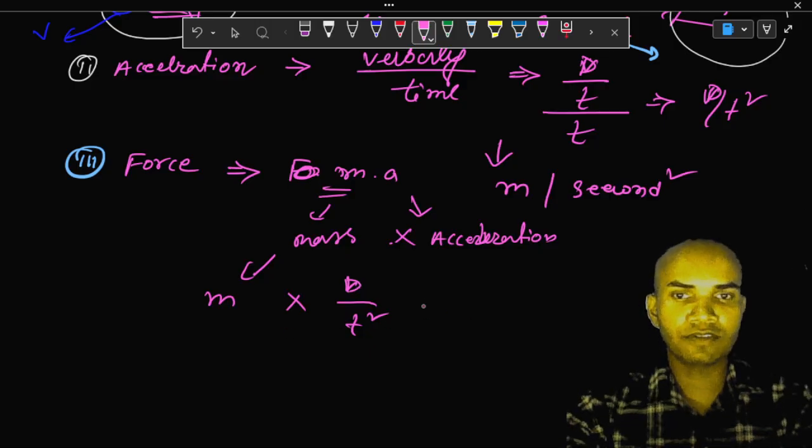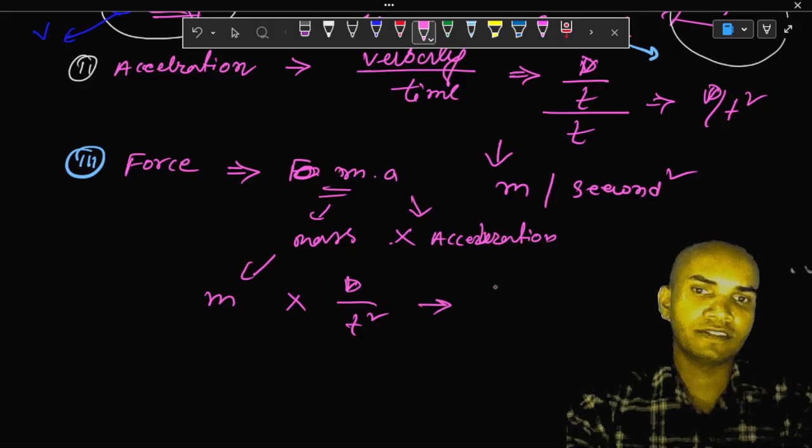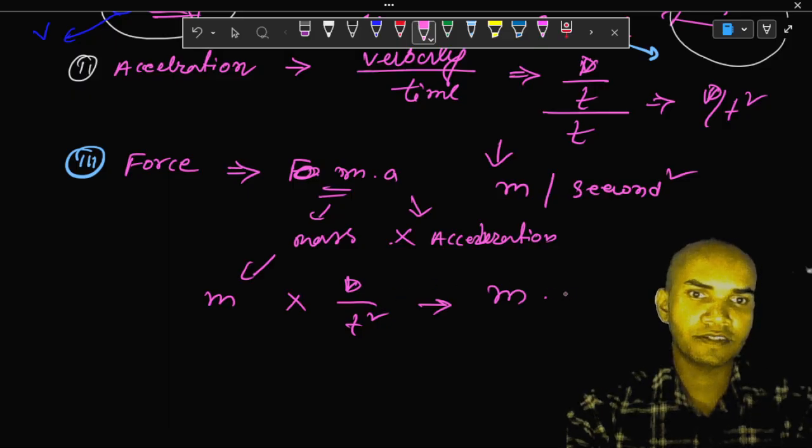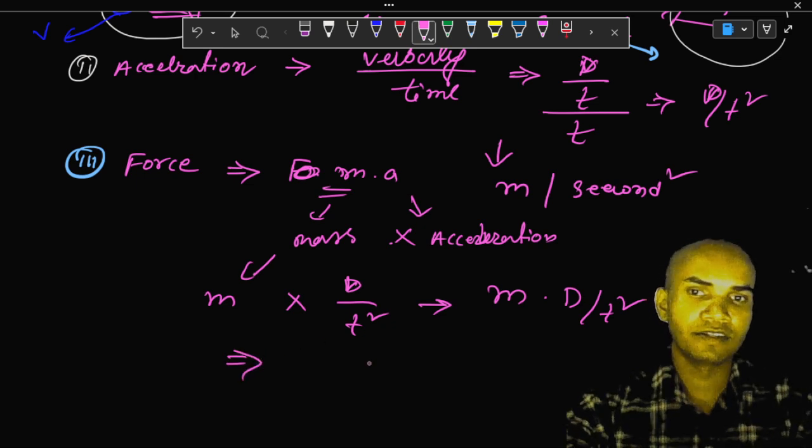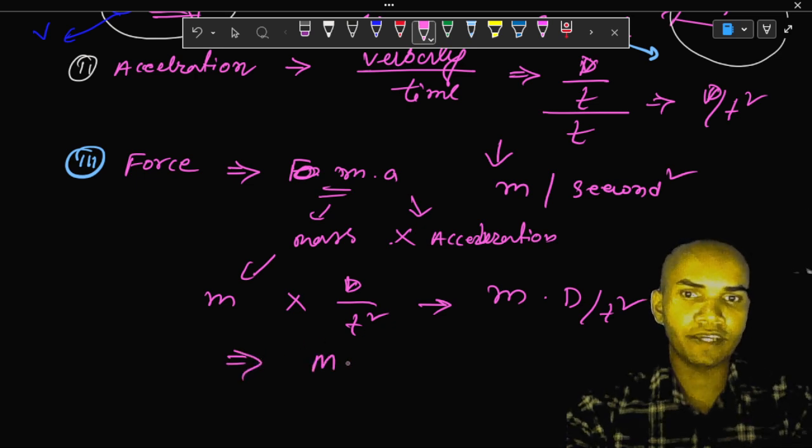So now you can see that to represent the unit, it is mass into distance by time square. If you combine them, it will be M L t to the power minus 2, M^1 L^1 T^-2.